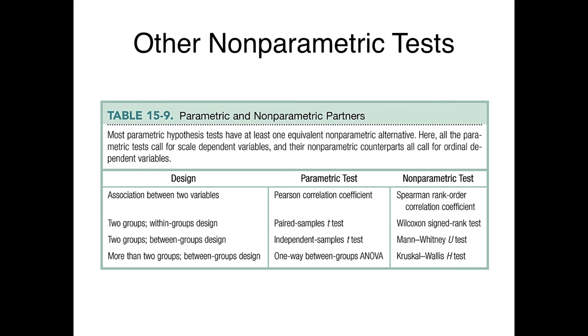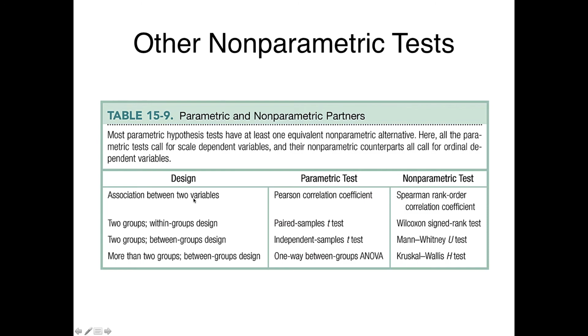That's possible. All right, and then the last thing for this lecture, this table tells us a bit more about a few other non-parametric tests, and in the book it goes over a few of these tests. But let me just orient you to what this table is doing. So for each parametric test, for each of these different designs, where, for example, we're interested in the association between 2 variables.